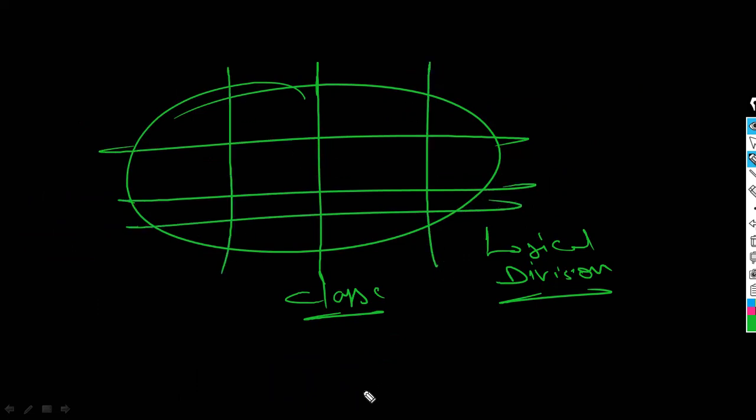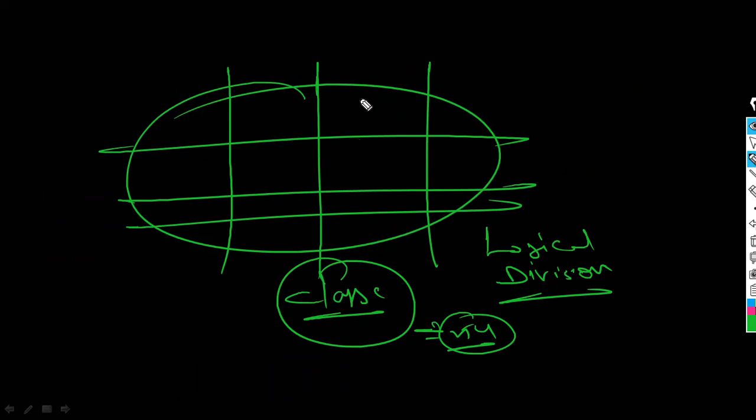This class C network of 254 IPs is further divided into small networks, maybe a very small network consisting of 6 IPs only, or maybe 60 IPs, or maybe 30 IPs, like this. Further division.